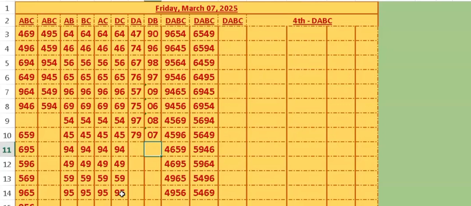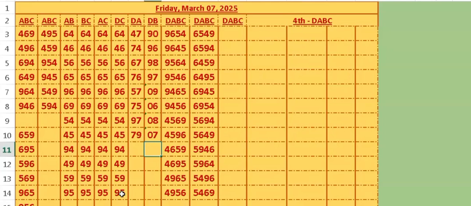All the other boards AB, BC, AC, DC all have the same kind of figures that you need to play combinations of. It's only board DA and board DB. The combinations are slightly different in each of the boards. So I'm specifically highlighting that in the video so that you will be able to focus on them.